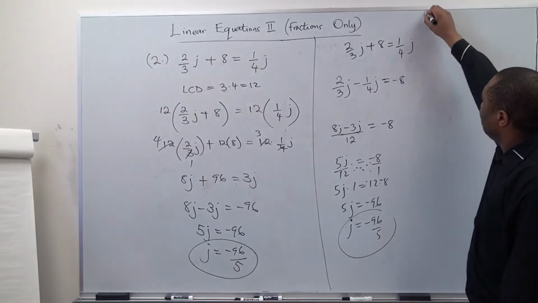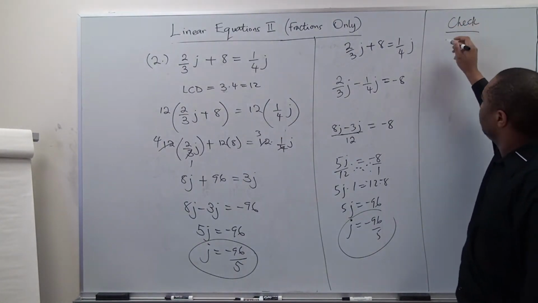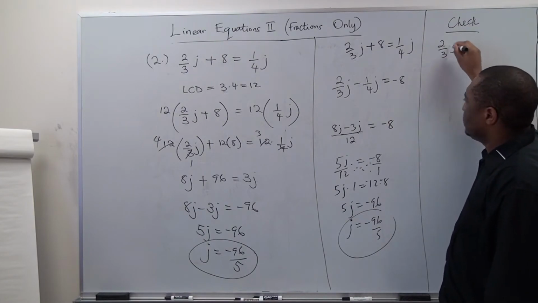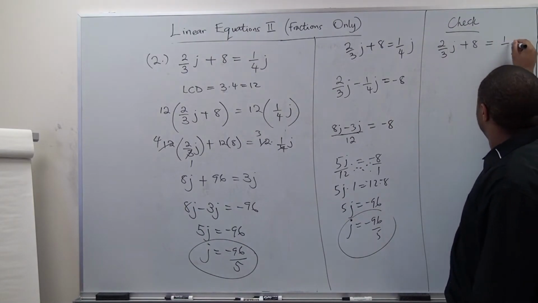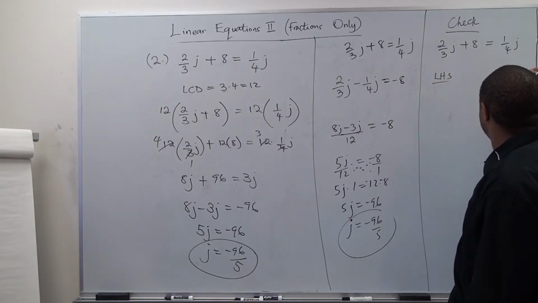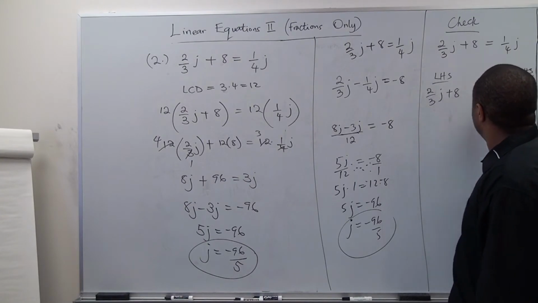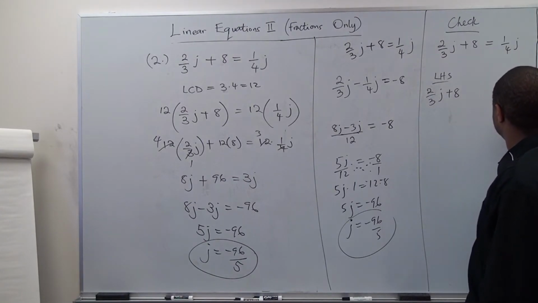All right, let's check this question before we go to the next one. In the check, we write the original question as usual. Then we write the left-hand side, right-hand side. Left-hand side is 2 over 3j plus 8. Right-hand side is 1 over 4j.